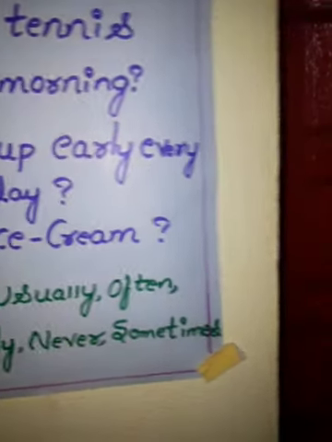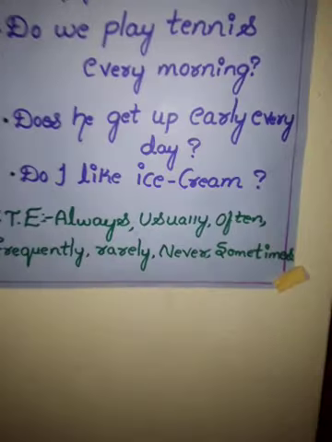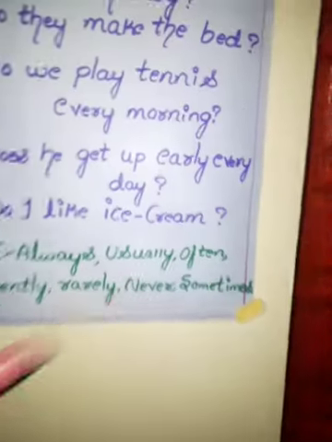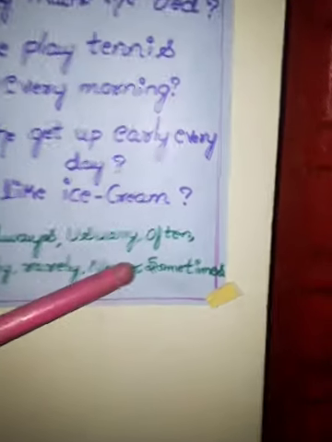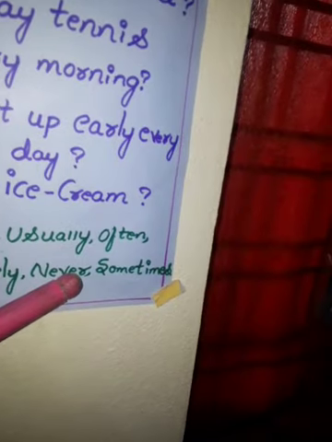You already know that always is used to represent 100%. I always read books. That is, I have a habit of reading books. Usually means about 90%. So I usually read books.